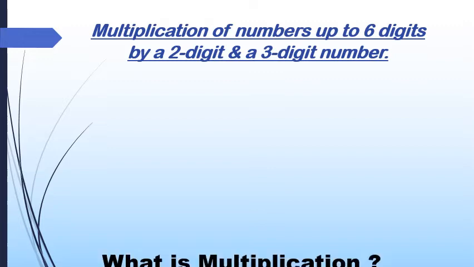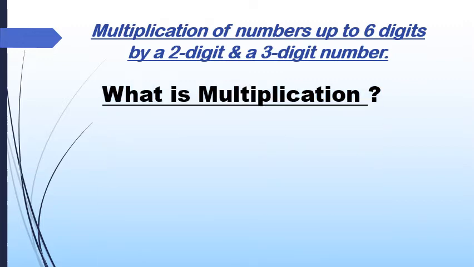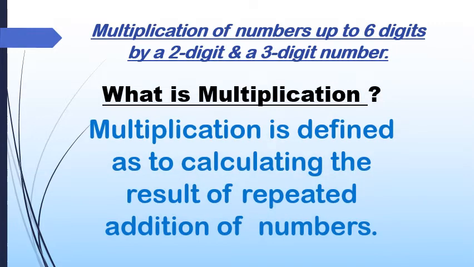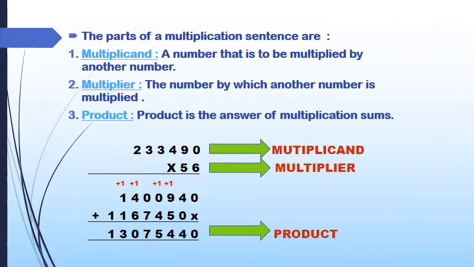First tell me, what does multiplication mean? Multiplication is defined as calculating the result of repeated addition of numbers. Here are the parts of a multiplication sentence. Number 1 is the multiplicand, a number that is to be multiplied by another number.